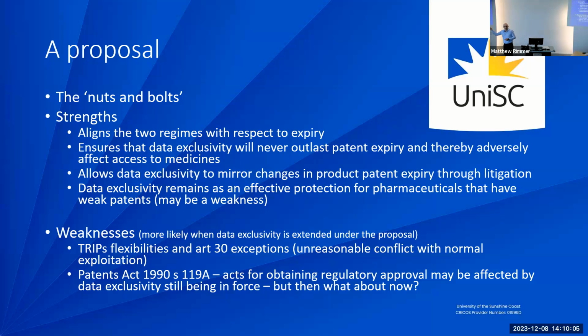But then what happens now? We've got these provisions which allow generic companies to do acts preparing for regulatory approval prior to patent expiry, as long as they don't market until patent expiry. So I think it's worthwhile considering. Being able to harmonise the two might be a good thing.